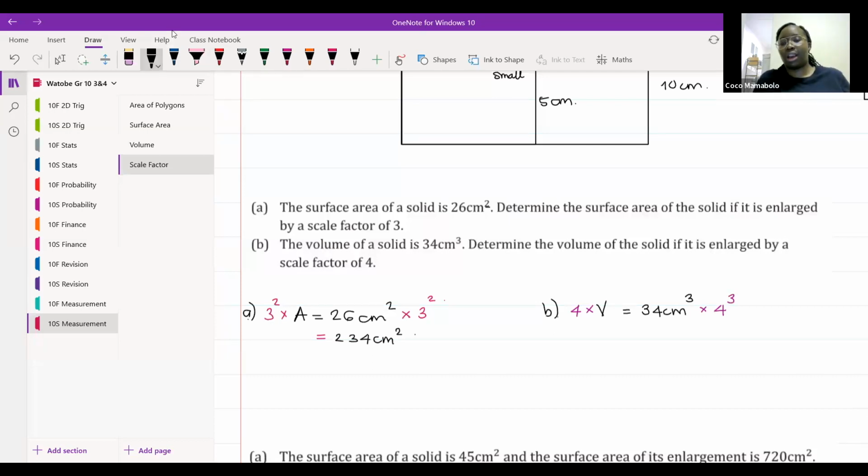Right, so my answer should be 34 times 4 cubed, which is going to give me 2,176 centimeters cubed. That's the answer we're looking for. I need to cube this side as well. All right, give me a thumbs up if scale factor makes perfect sense to you. Are we all good here?